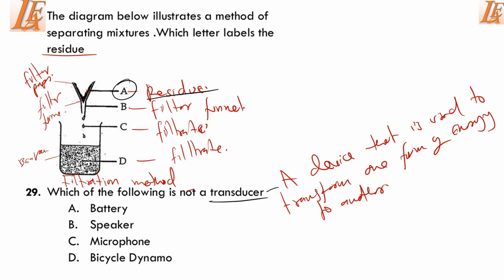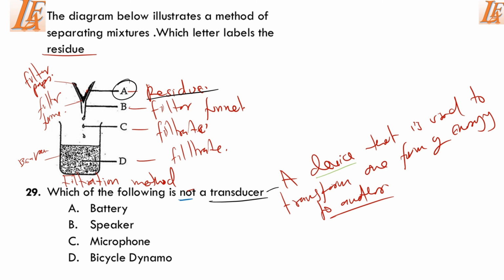So when we talk about a transducer, we're talking of a device which you can use to convert or to transform one form of energy to another. A good example of a common transducer is a bulb. A bulb is used to transform electrical energy to light energy, so a bulb is a transducer. Now in this case, we have 4 items in the list that we have been given, and we have to identify the one which is not a transducer.